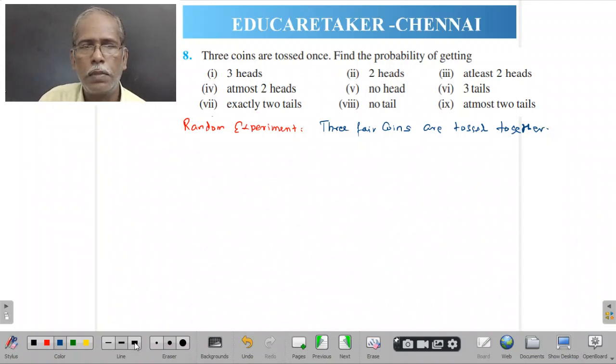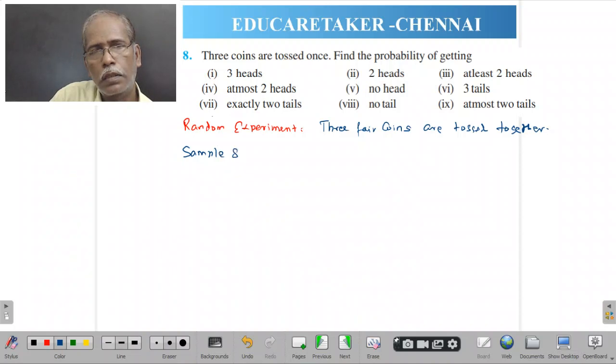Then the possible sample space, denoted by S.